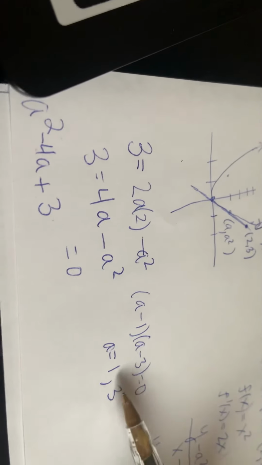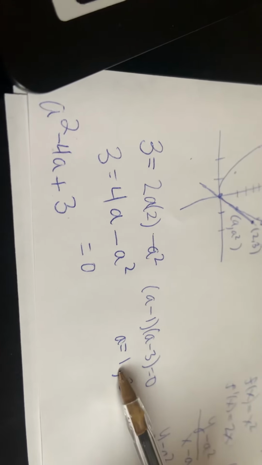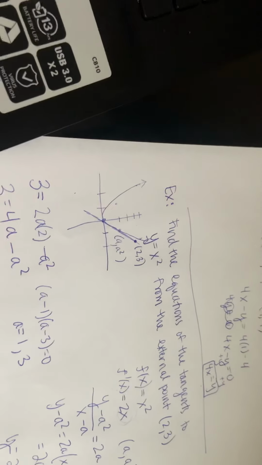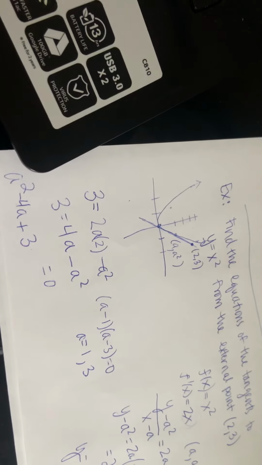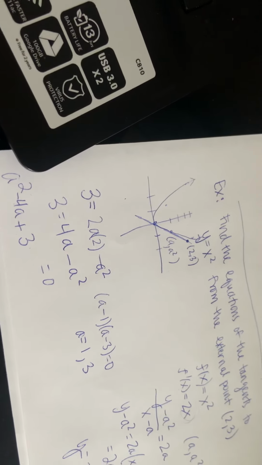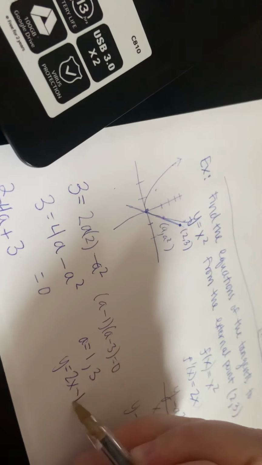With a equals 1, the point of contact, you're going to go back to the tangent equation. Well, we actually haven't made that tangent equation yet. At a equals 1, the tangent equation would be y equals 2x minus 1.